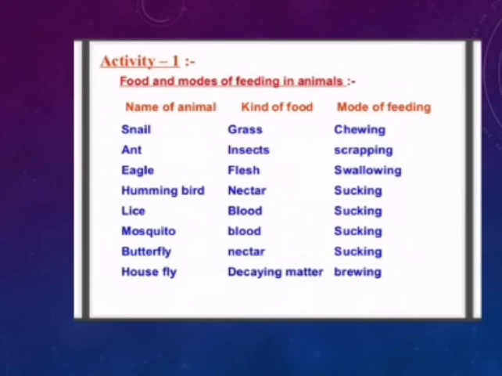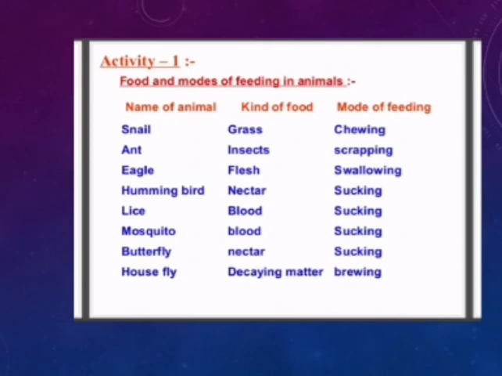Okay, so today you studied what is nutrition and what is digestion, then different ways of taking food. Animal nutrition includes nutrient requirements, mode of intake of food, and its utilization in the body.